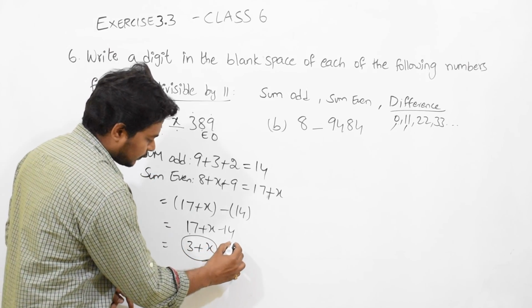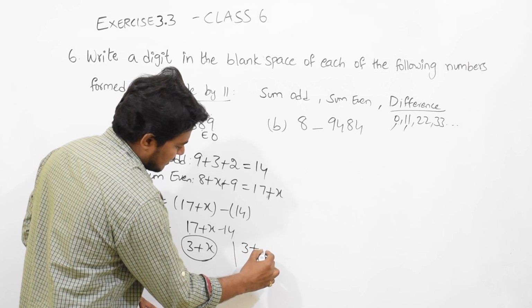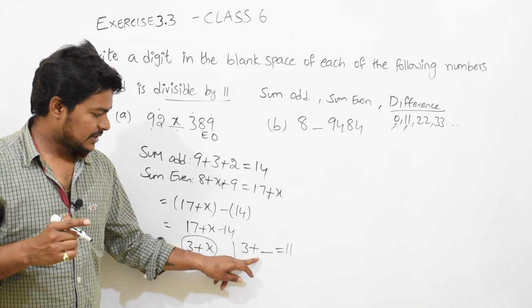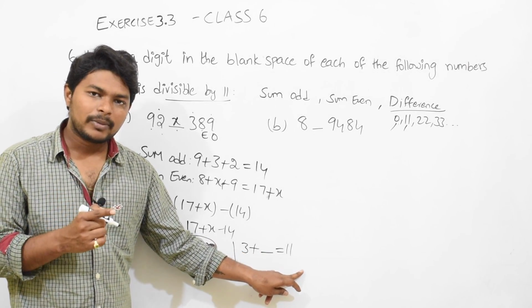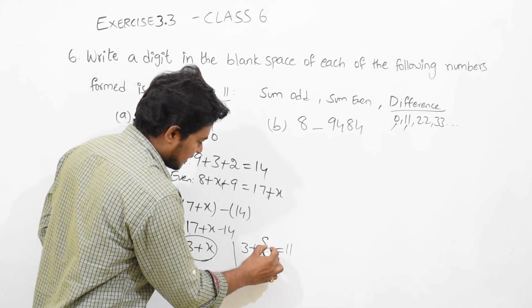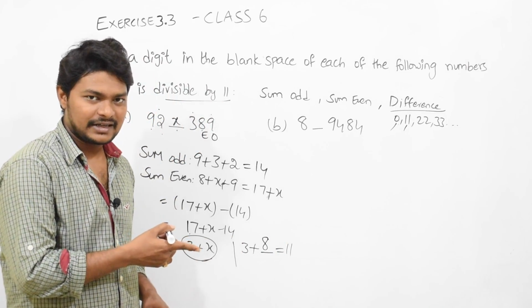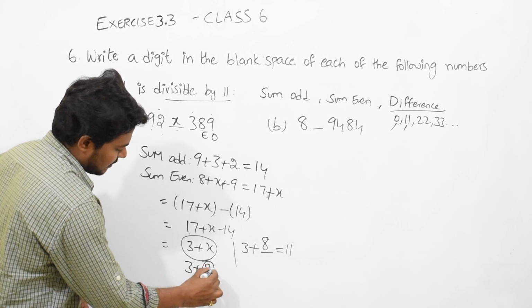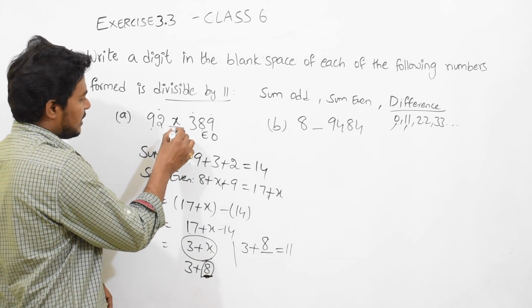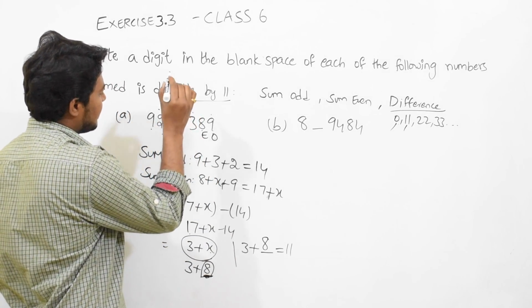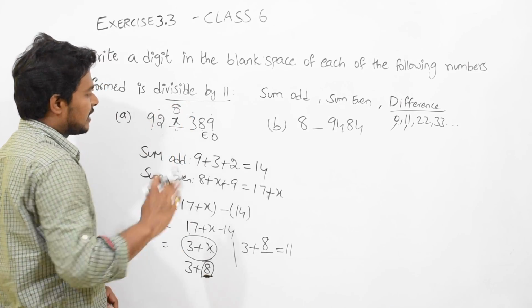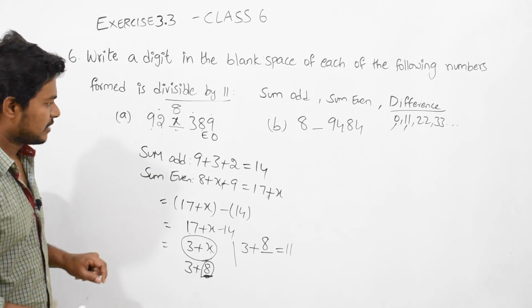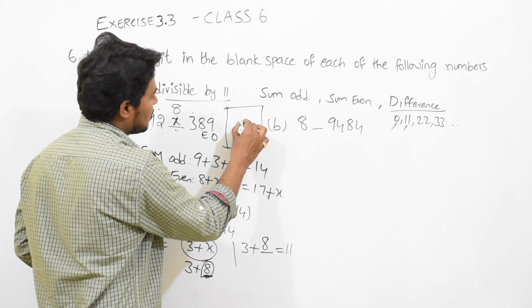So 3 plus what equals 11? 3 plus 8 is equal to 11, right? So x equals 8. So here you need to write 8. You can write, the missing number is equal to 8. Here the answer will be, I will write in the box, 8.